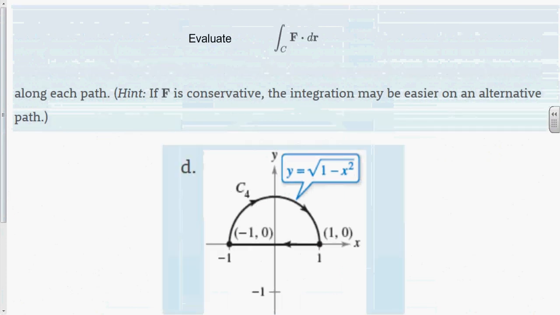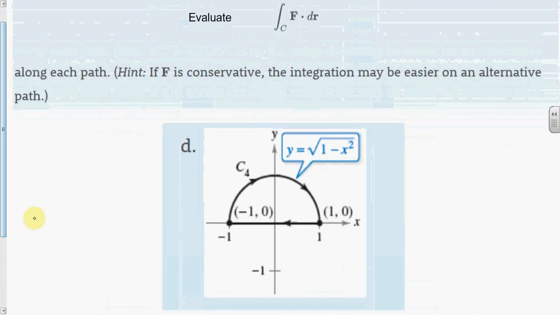Oh, I forgot there was another guy. This guy is closed too, right? Still the same problem, part D. It's closed.